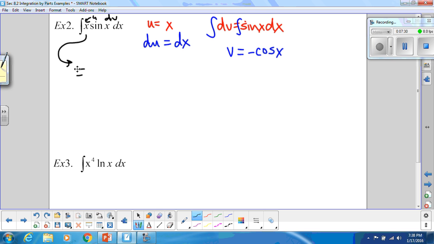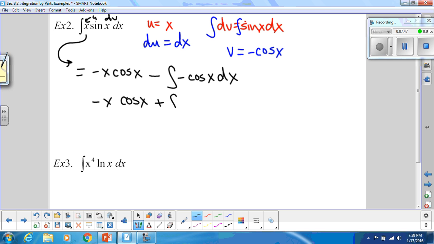Okay, so this is going to be equal to u times v, so that's negative x cosine of x, minus the integral of v du, that's negative cosine x dx. So I'm basically just integrating the positive cosine of x. All right, so the antiderivative of the cosine of x is sine x.